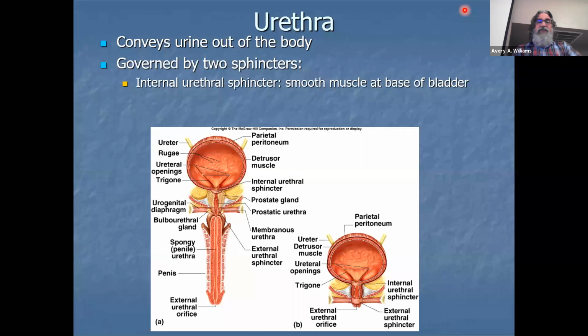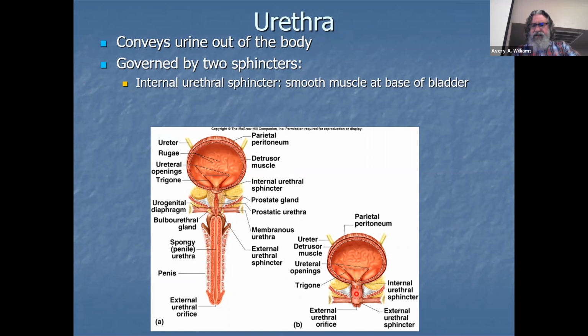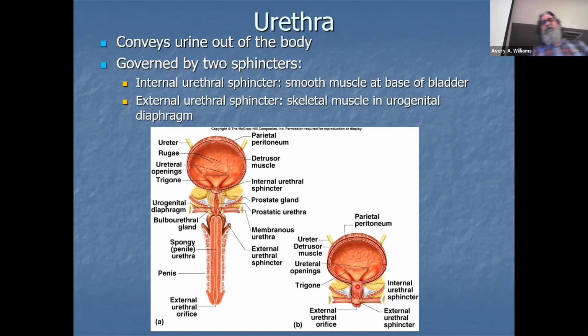Now, the urethra, the tube that drains the bladder, I tell you, it conveys urine out of the body. It's governed by 2 sphincters. There's the internal urethral sphincter here and here at the base of the bladder. Okay, smooth muscle, all right? And then there's the external urethral sphincter. And this is typical when you have this relationship of the internal, external. The ones that are more superficial are almost always skeletal muscle. And remember, skeletal muscle is the voluntary muscle. Smooth muscle is involuntary.